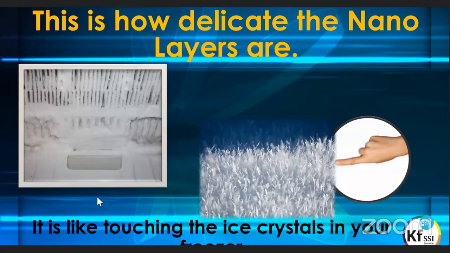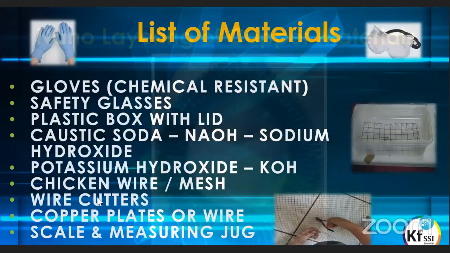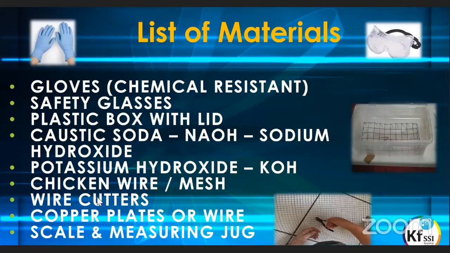Okay, so let's start off with our copper. To start off with, we have a list of materials that one needs to put together. Please bear in mind that preparation is key, to have everything organized and prepared before you even start, because it's no use trying to run around and look for things when you're halfway through something. One needs a pair of gloves, very essential, chemically resistant gloves, not cotton gloves or any other type of gloves.